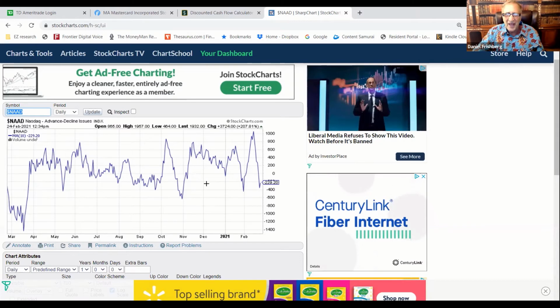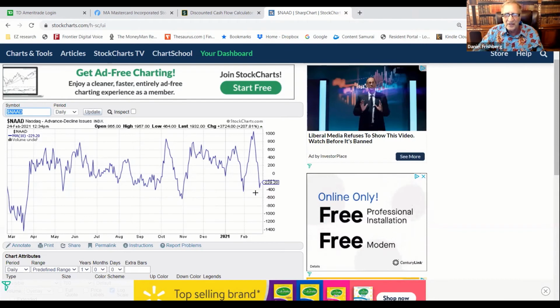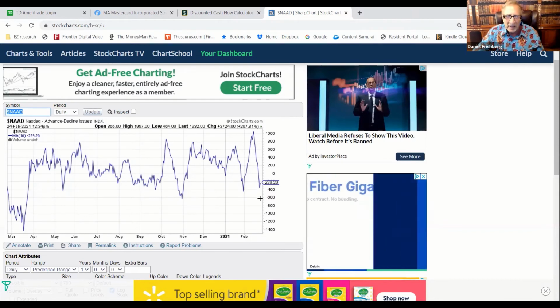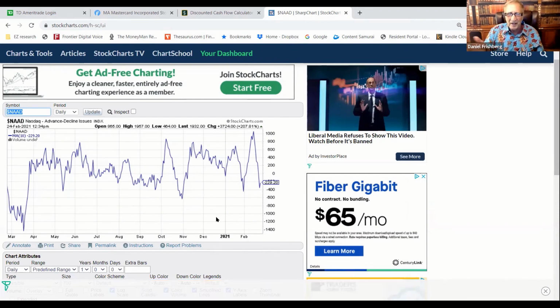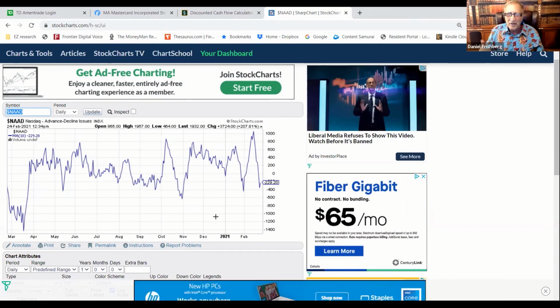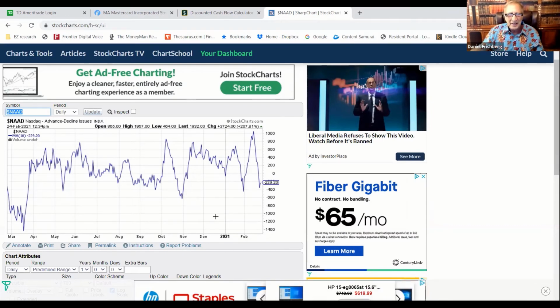So this is how you actually do it. And what it looks like to me is that we are very near an entry point. I'm buying a little bit of the things that I want to buy because I'm not sure we're exactly at that entry point, but I don't have to be exactly perfect about it.